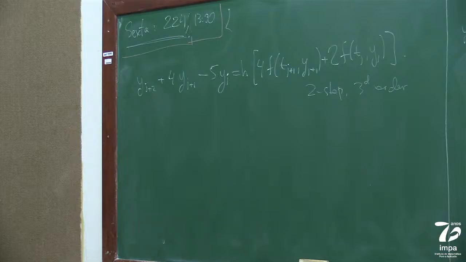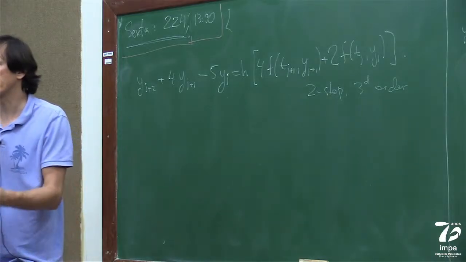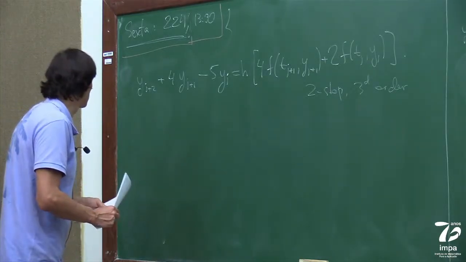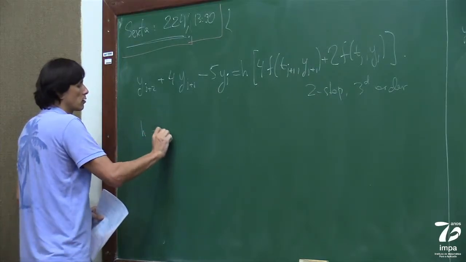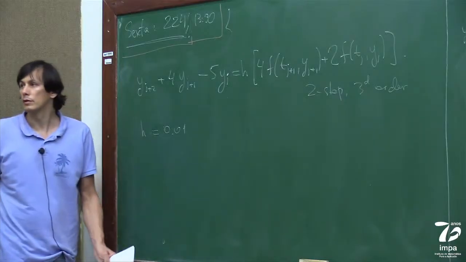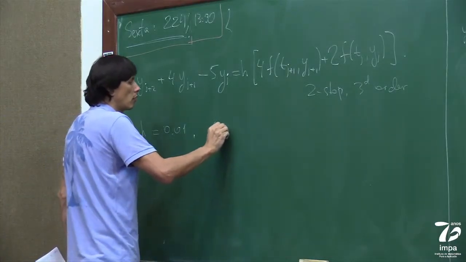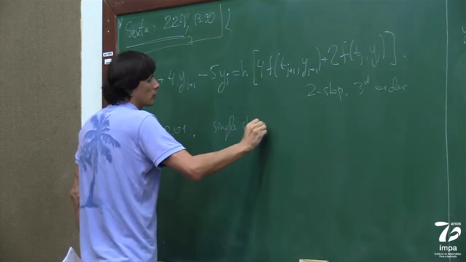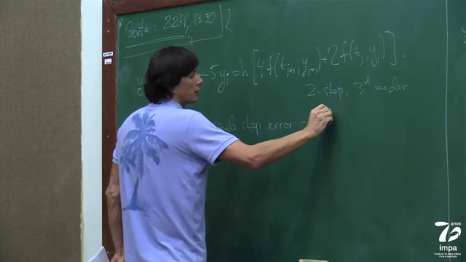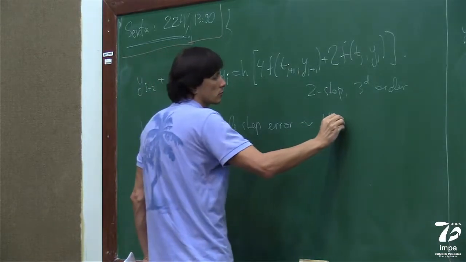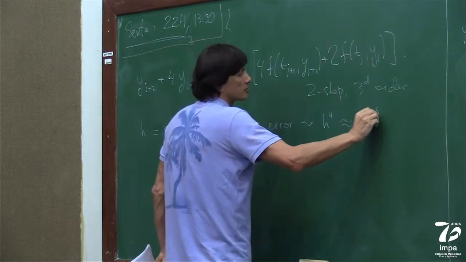So the error in a single step is h^4, which is supposedly very good. If you take h equal, for example, 0.01, a single step gives error h^4, so this is 10 to the minus 8.